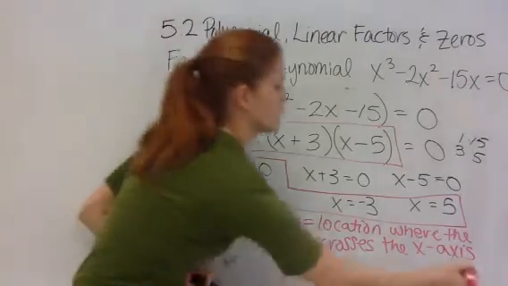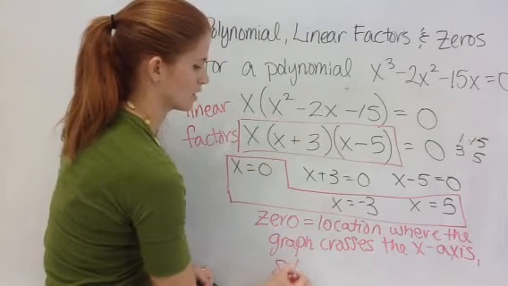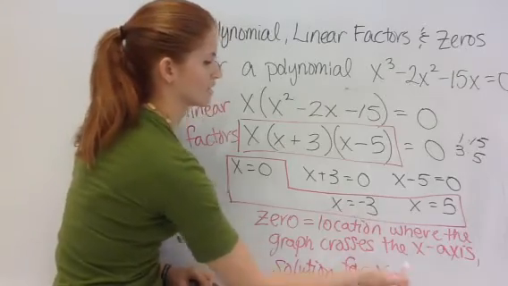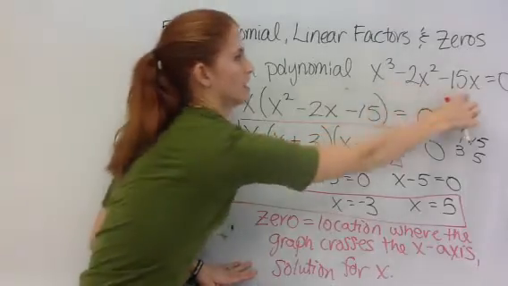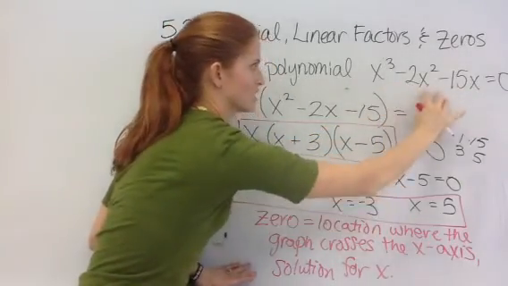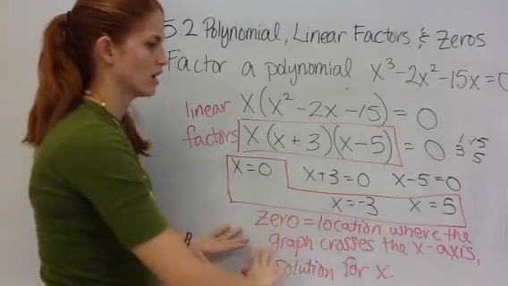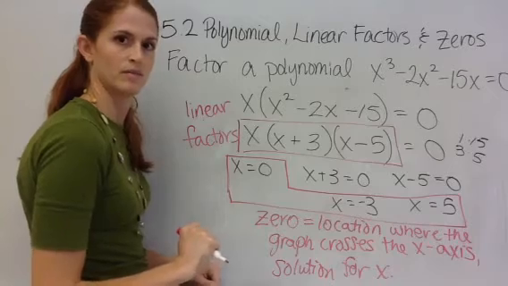We also call it a solution. So a 0 is also a solution for x. If I plug one of these numbers in for x up here, in this first one, it's going to make me 0 on this side. So 0 is a location where the graph crosses the x-axis, and it's also a solution for x. That's what a 0 means.